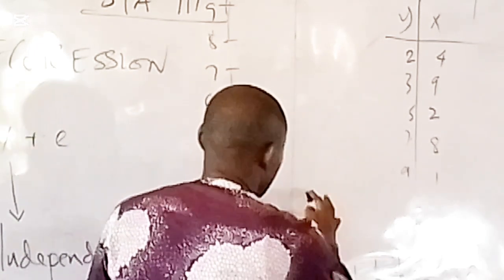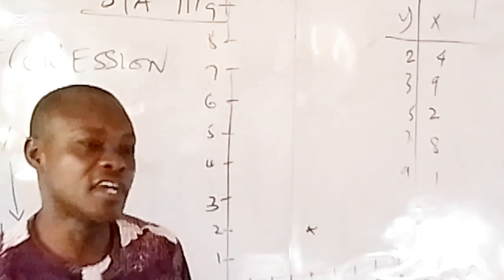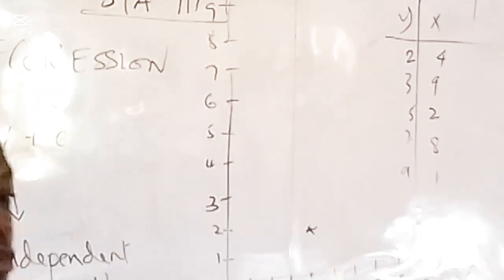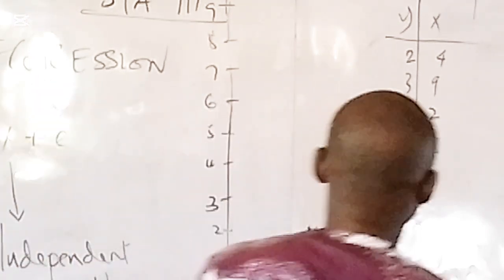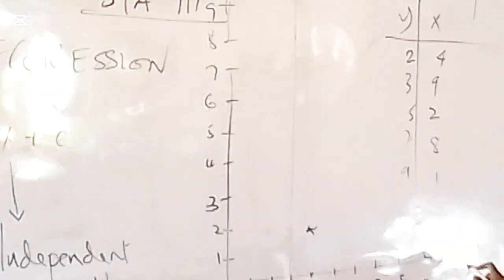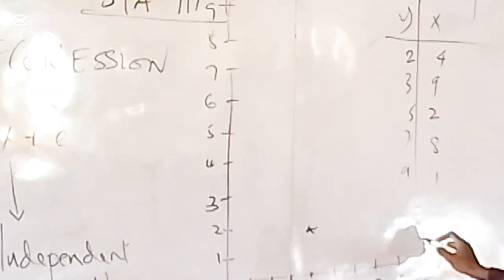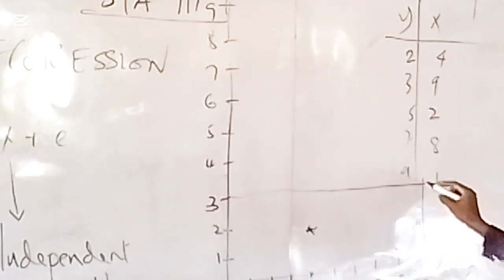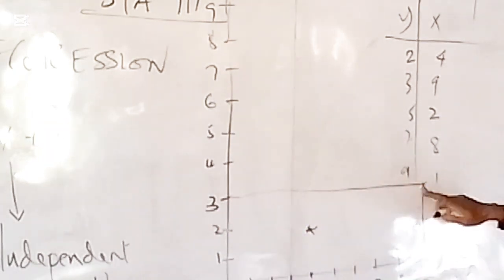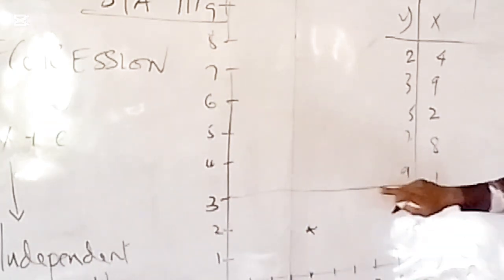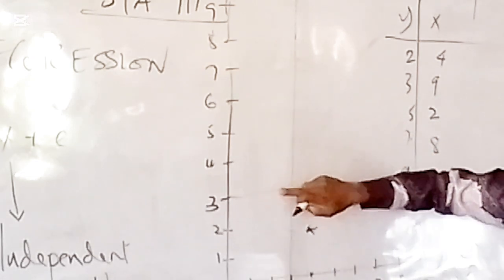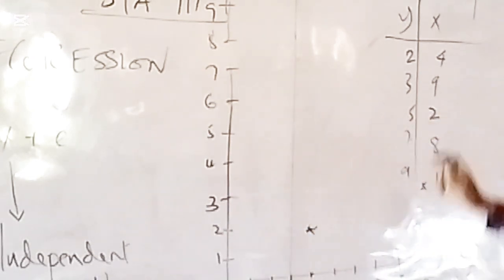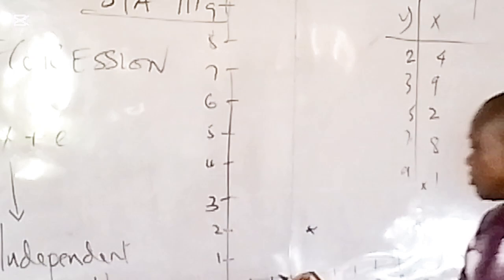At this point, these lines are not necessary. I'm using them to be able to put the point at the right place. The next one: when x is 9, y is what? 3. You have 3 here. The two of them meet at this point. When x is 2, what's the value of y? 5.